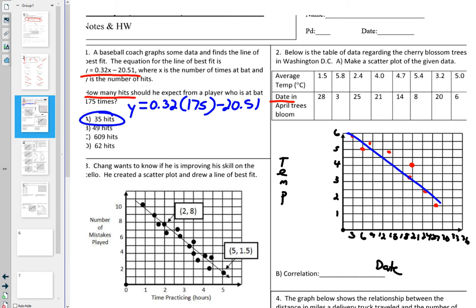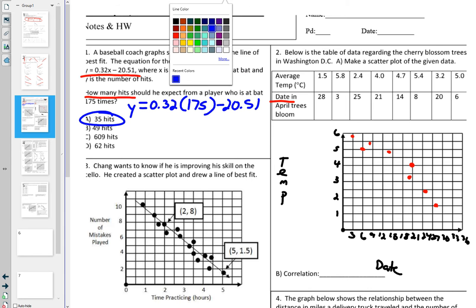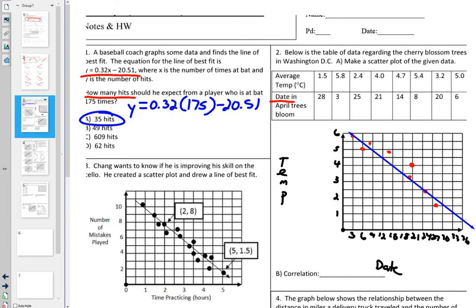So it looks like it would be something like that, because if I draw it that way, I'm passing through 2 points. How many points do I have above the line and how many below? I have 2 points on the line, three just below, and three above. So something like that would be the line of best fit.